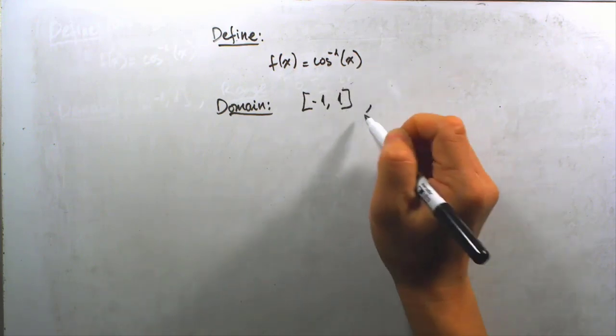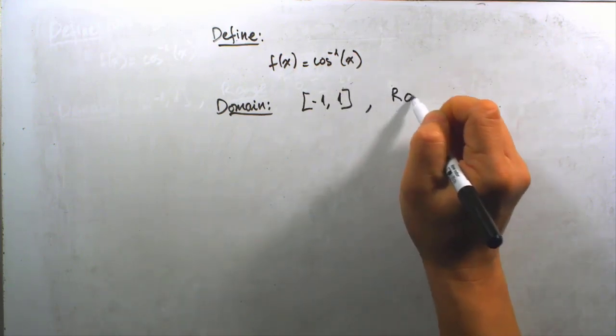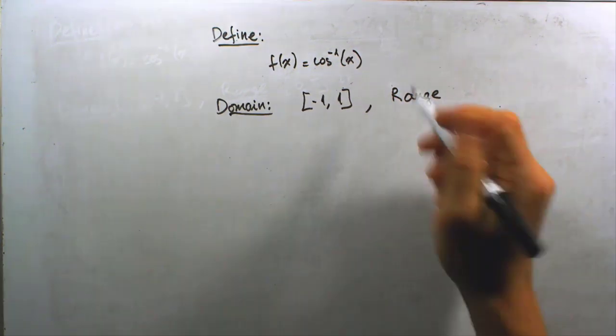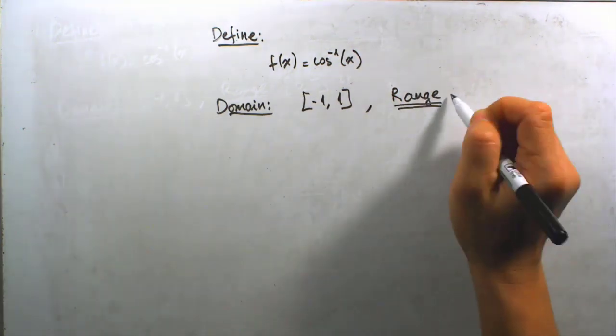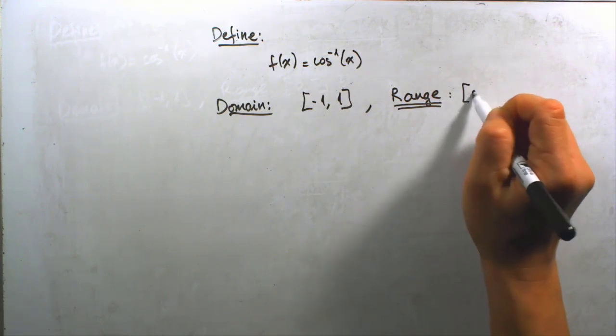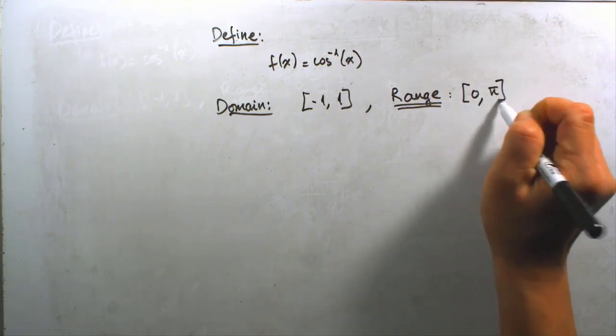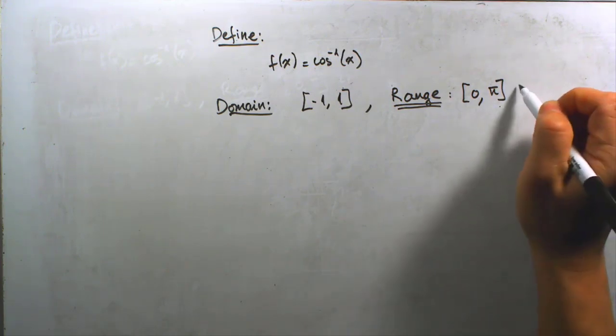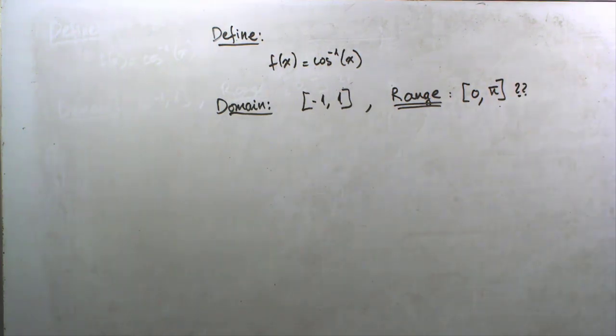So we got that out of the explanation. But why has it always been that the angle that comes out from cosine inverse can only be anywhere from 0 to pi? It's a choice that mathematicians before us made for us, but now we want to see why. I'm going to put a question mark there.